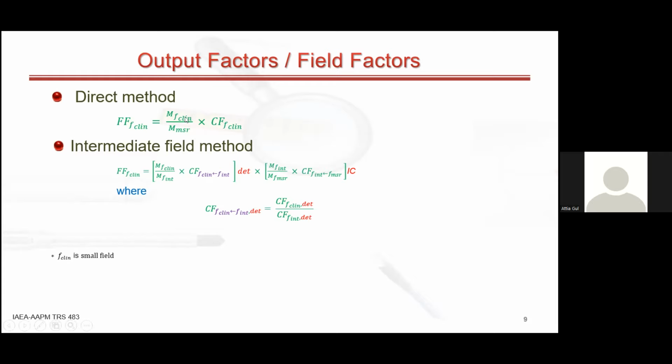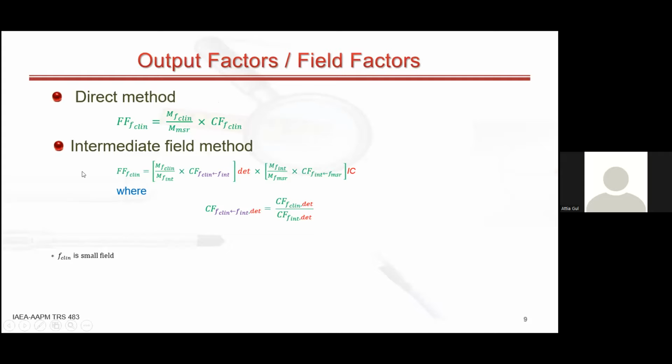F clinical denotes a small field. So it is the ratio of detector reading in the small field to the detector reading in the machine specific reference field, multiplied by a correction factor that is provided in TRS 483 for different detectors and different field sizes.